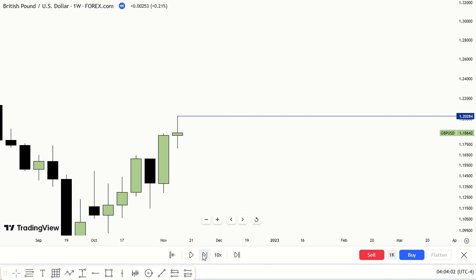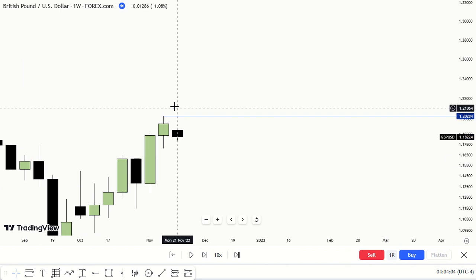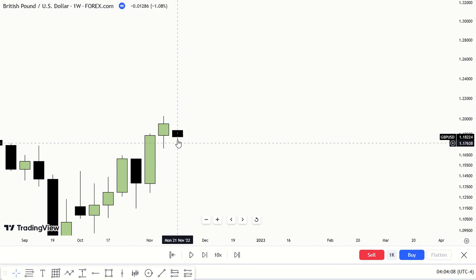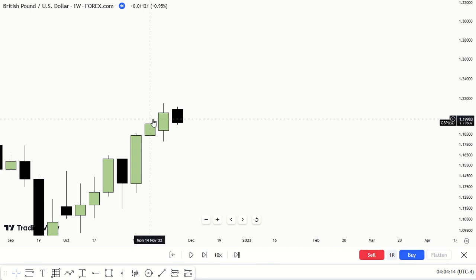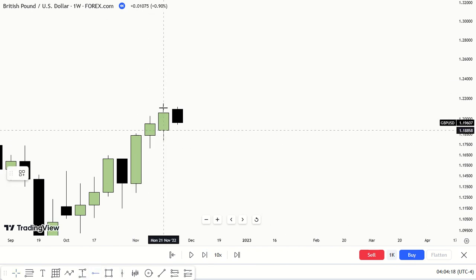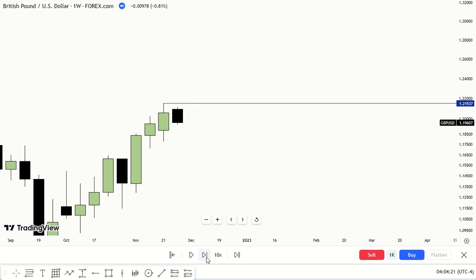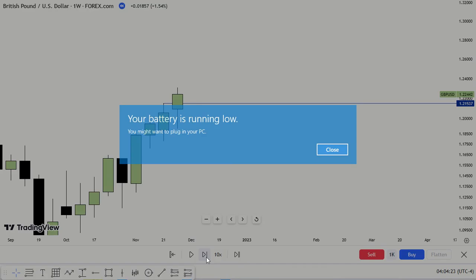Fails to reach there. We're in an in-day close week, so low probability week for trading. Price closes above. Our drawn liquidity would be this high. See? Price closes above it.